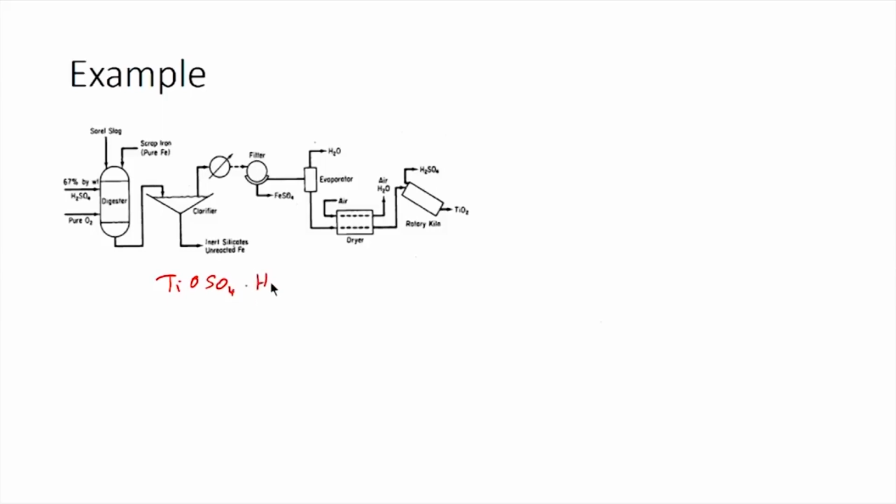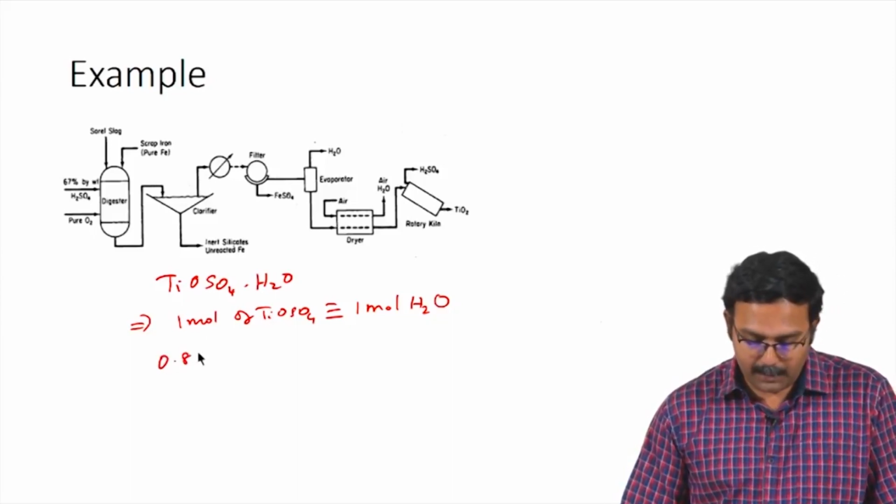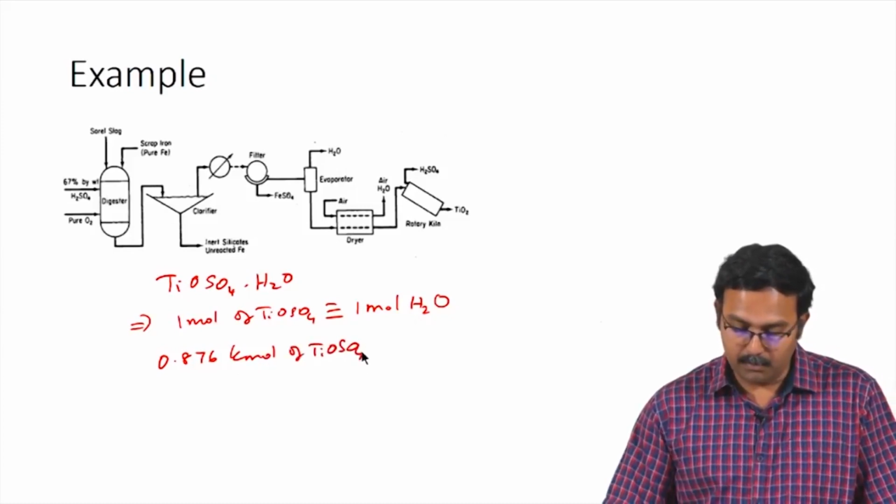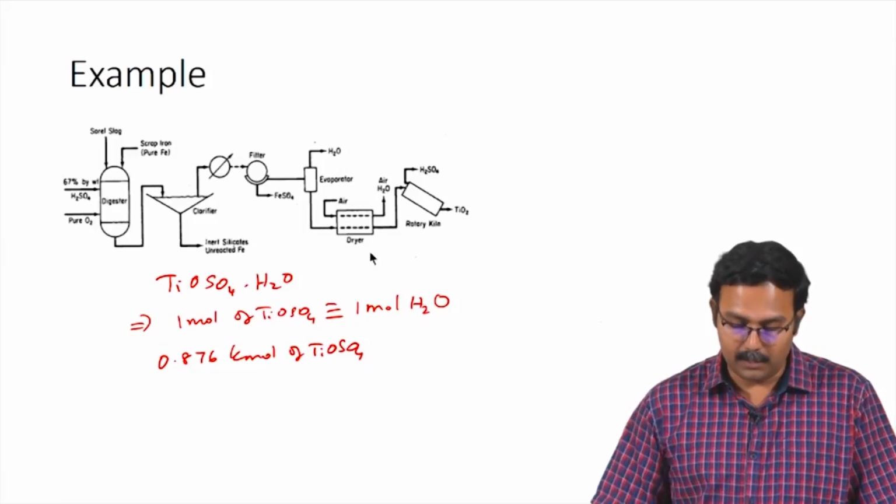Based on the stoichiometry for the water of hydration, we know that TiOSO4 dot H2O is the hydrated crystals. This implies 1 mole of TiOSO4 uses up 1 mole of water as the water of hydration. We know that 0.876 kilomoles of TiOSO4 has been formed and it is entering into the dryer.